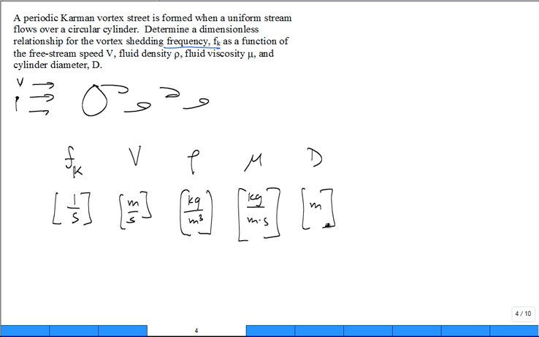So how many variables or parameters do I have? 5. And then how many fundamental primary dimensions? 3. How many pi groups should I look for? 2. I want to build one around that frequency. What's the next one I want to build around?